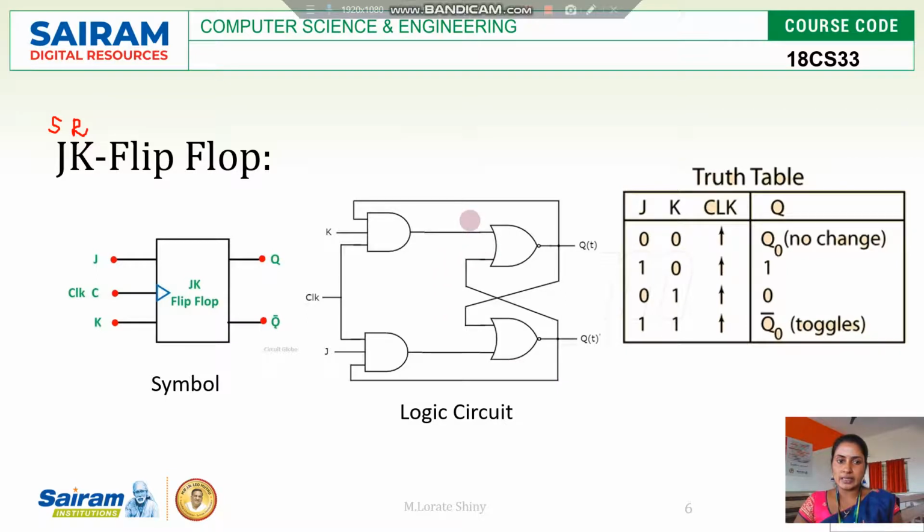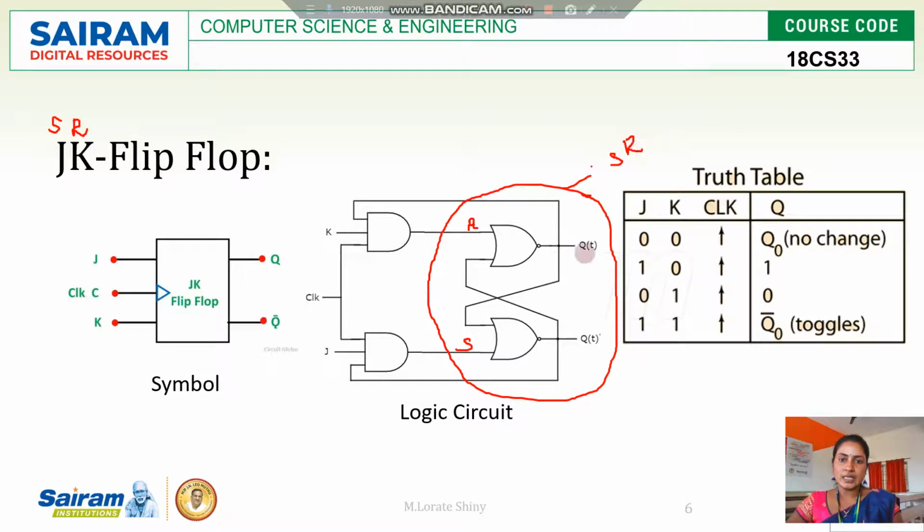K is nothing but, as I said, R. J is S. Okay. So if you see this alone, this is the SR flip-flop.